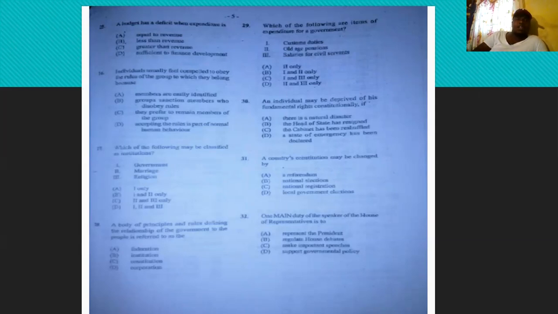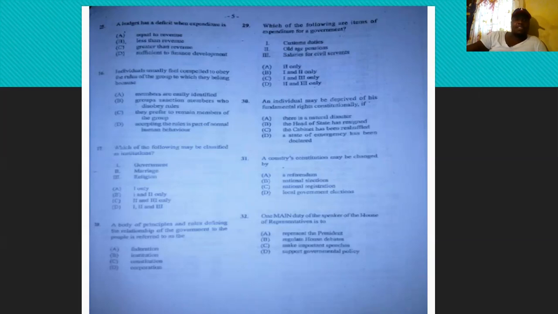26. Individuals usually feel compelled to obey the rules of a group to which they belong because A, members are easily identified; B, groups sanction members who disobey rules; C, they prefer to remain members of the group; or D, accepting the rules is part of normal human behavior. Some answers there are close, but remember with multiple choice, we choose the best possible answer.